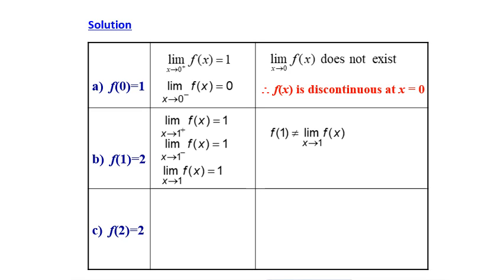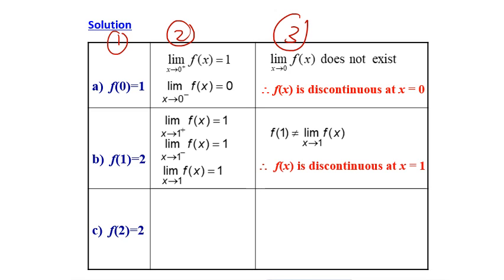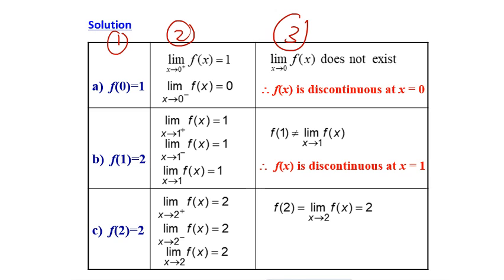So remember, this one is condition number 1, this one condition number 2, this one condition number 3. And then thirdly, condition number 1 defined, condition number 2 exists, and condition number 3 has the same value. So therefore we can conclude that the last one is continuous, as I said in the previous slide.